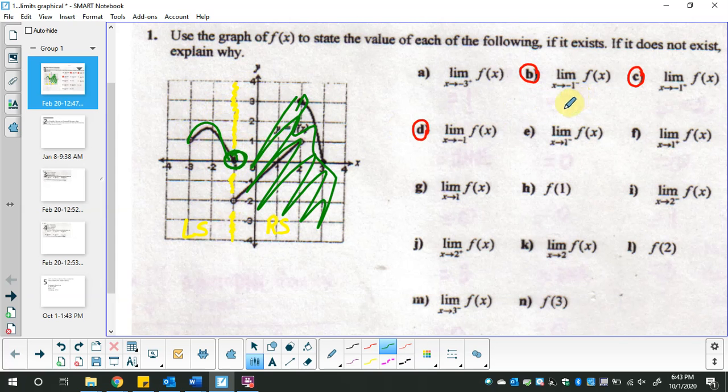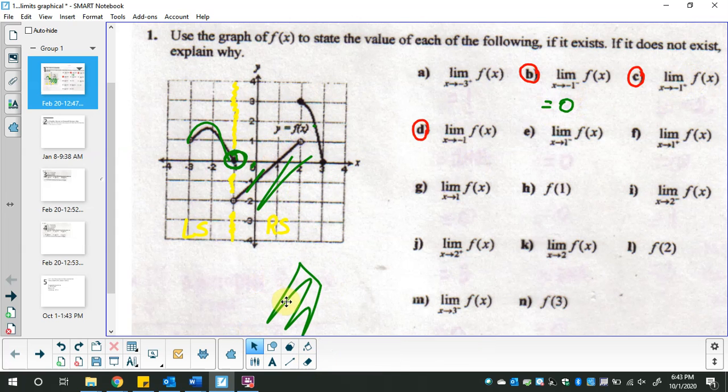So this answer is 0. This little negative or positive sign, that means from the right side. So that means I have to erase all the work here in green. Let's find an easier way to take care of this.